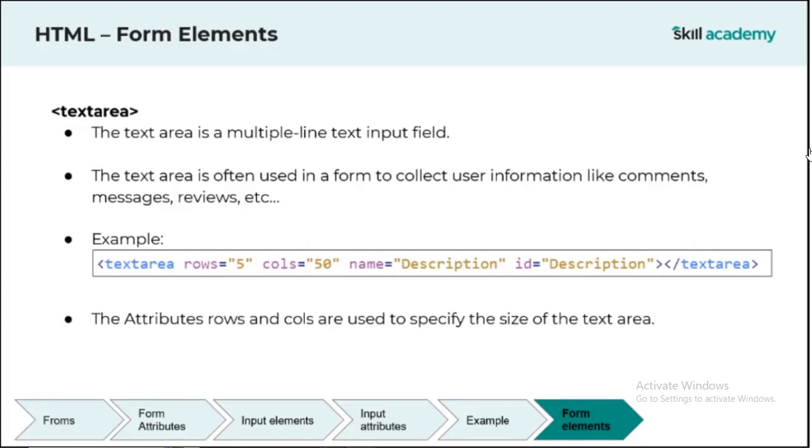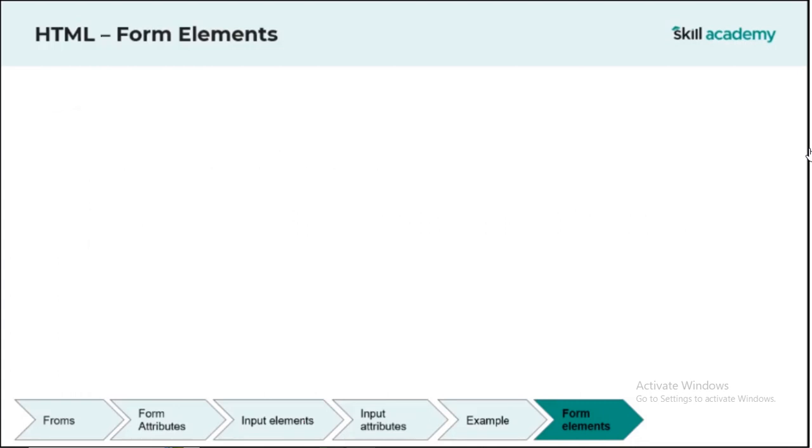The attributes rows and columns are used to specify the size of the text area. Okay, very soon practically we are going to understand how we can use this rows and columns attribute. Okay, then we have label.